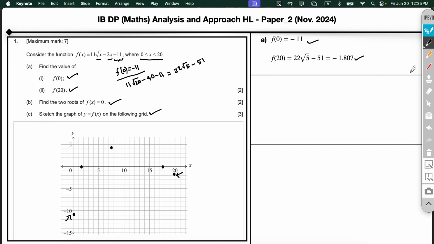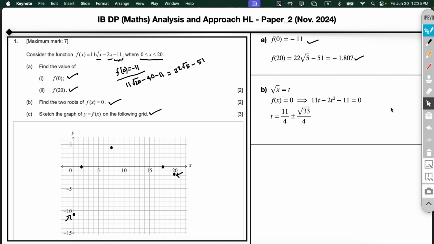Now we need to find the roots of this function at 0. So let's go ahead. First we assume that square root of x equals t. So we do a change of variable in order to proceed. Then f of x equals 0 turns into 11 times t, minus 2t squared, minus 11.